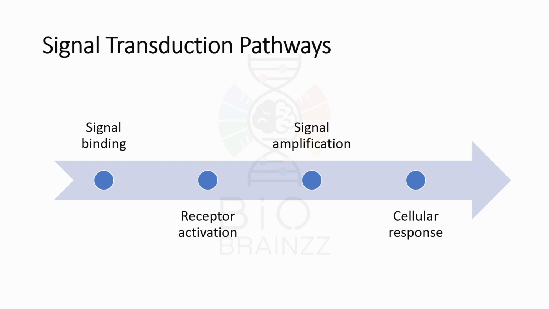After receptor activation, the signal is amplified through multiple steps, meaning one signal can produce many molecules inside the cell. Finally, this leads to a cellular response such as gene expression, enzyme activation, or cell division. This stepwise process ensures that signals are properly transmitted and regulated.